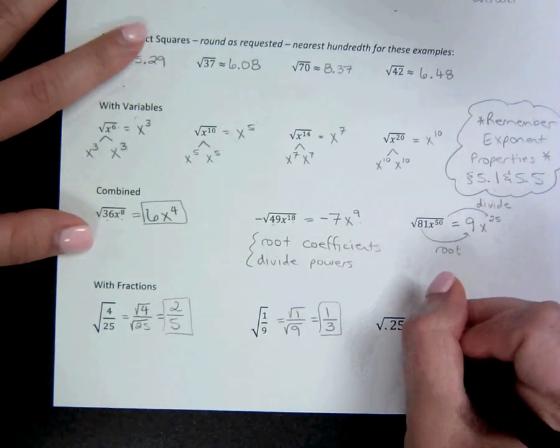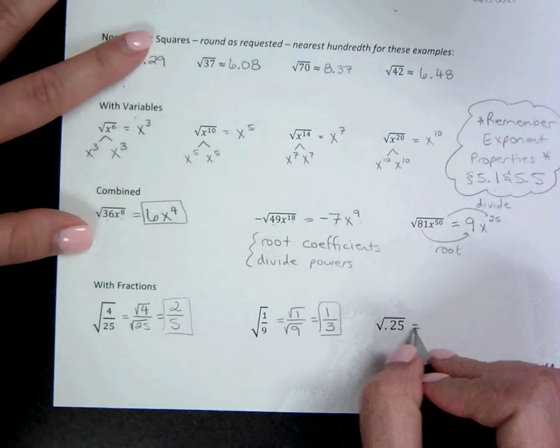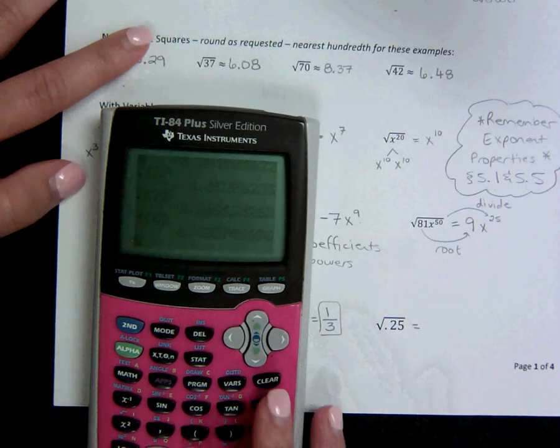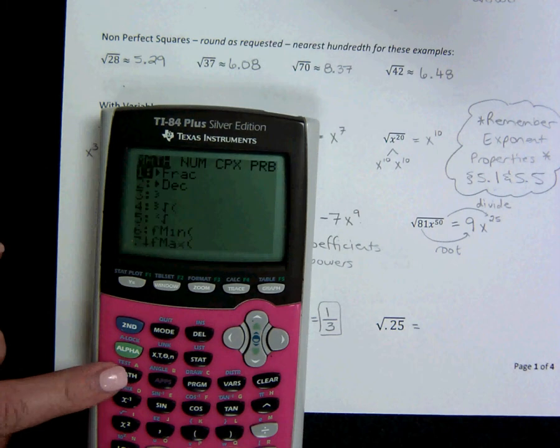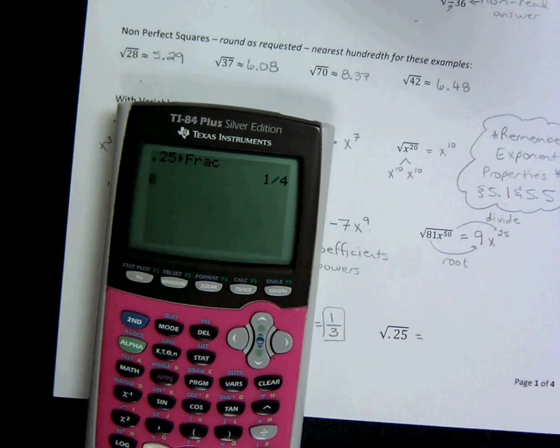If they put it in decimal format, you just have to convert it to a fraction. Hopefully you know that 0.25 is 1/4, but if you don't know, in your calculator, you can type in 0.25, then math, and frac for fraction, and it will convert it into a fraction for you. So if it's a decimal you're not familiar with, just convert it into a fraction.